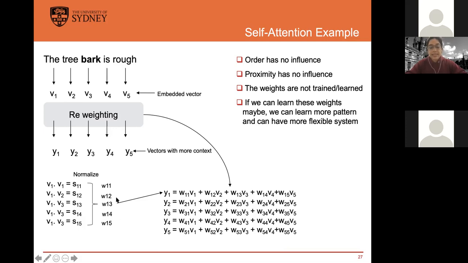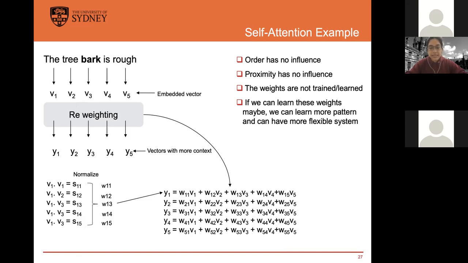And these weights are not trained. I'm calculating them right from the vectors I already have. So these are not trained weights. If we can learn these weights from a model, we can learn more patterns and have a more flexible system.